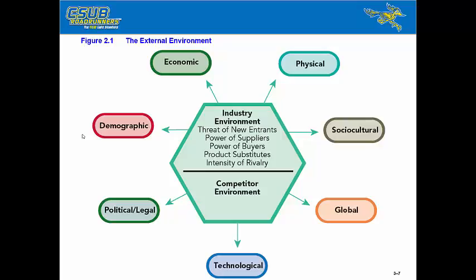The inside of this map is what the industry looks like at any given point in time. The outside of this map are things that are going to change the industry over the next several years. So you've got economic factors, physical factors, sociocultural factors, global factors, technological factors, political and legal factors, and demographic factors.